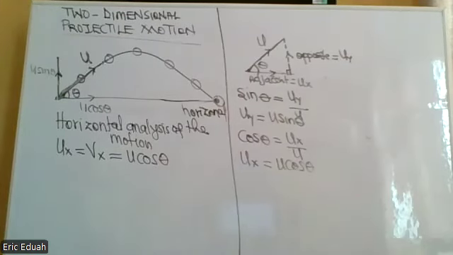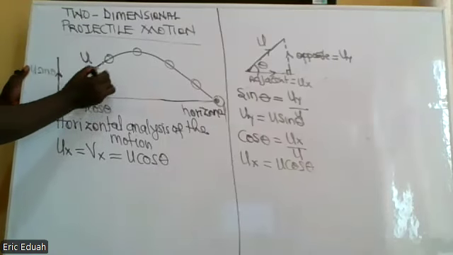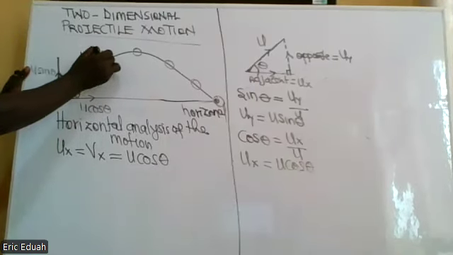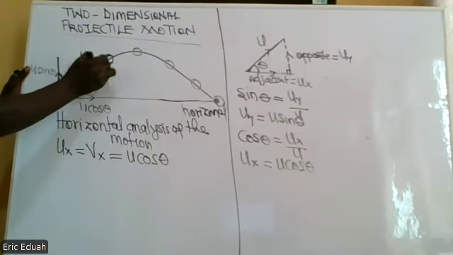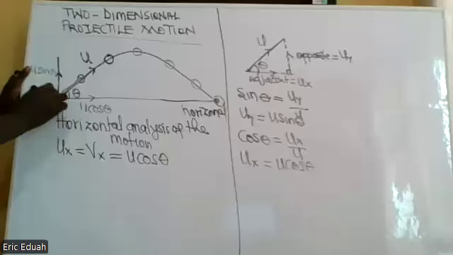Yes, sir. So if the velocity is constant, then if I want to calculate how much this projectile is displaced from its original position, this is its original position. It started from here.